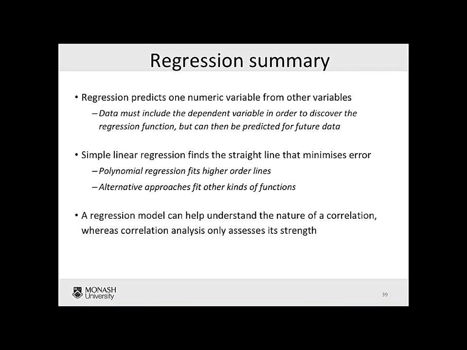Simple linear regression fits a straight line and minimizes error, and there are lots of alternative approaches to look into in detail. The regression model can help understand the nature of a correlation, whereas correlation analysis only assesses its strength, how those two correlate.